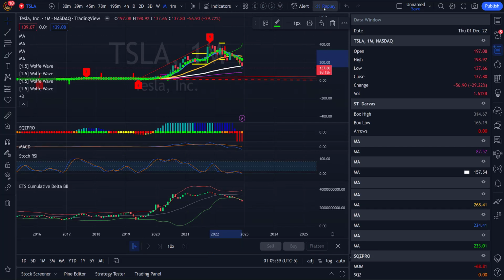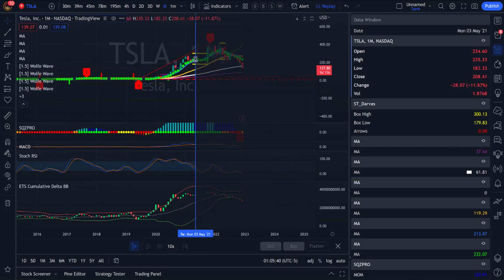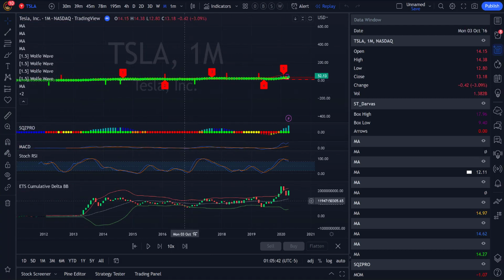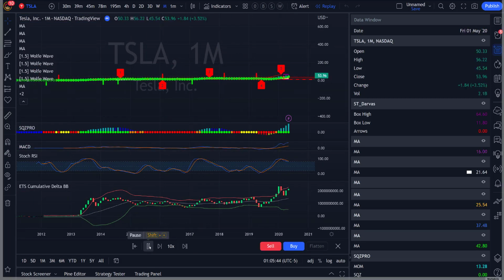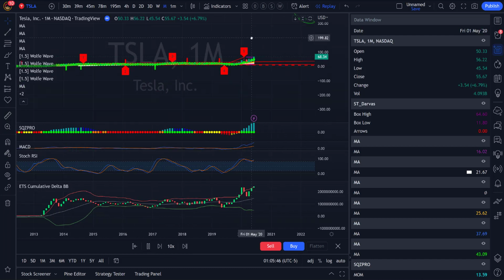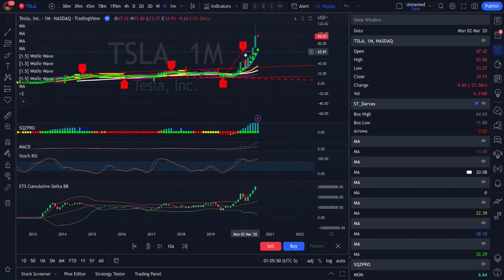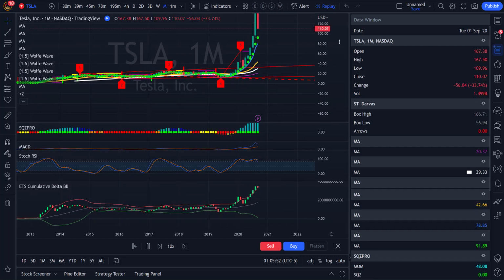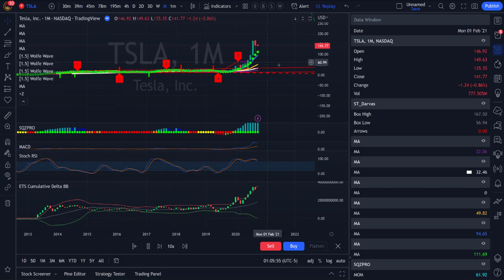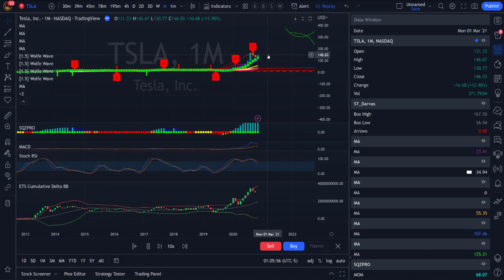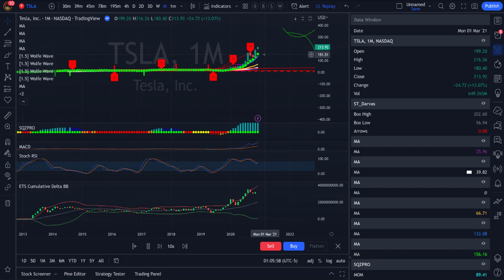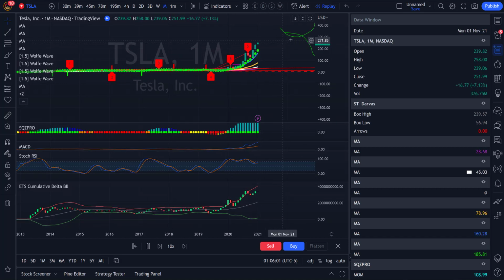So we can rerun that, do a replay, and see how that developed with respect to time, and you can see that it actually did the short squeeze on that bearish setup, and then as it was squeezing higher, it did it again, and then again.